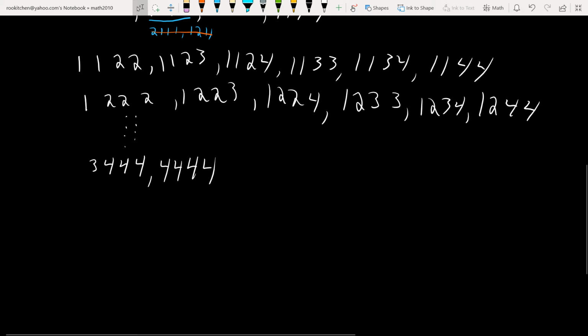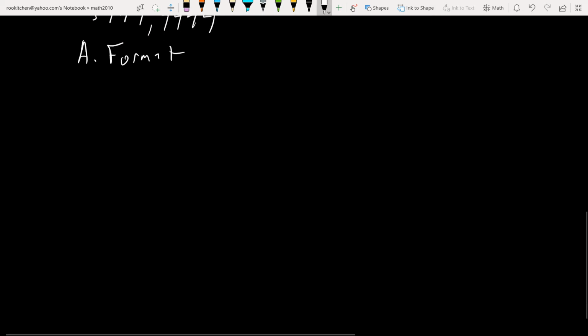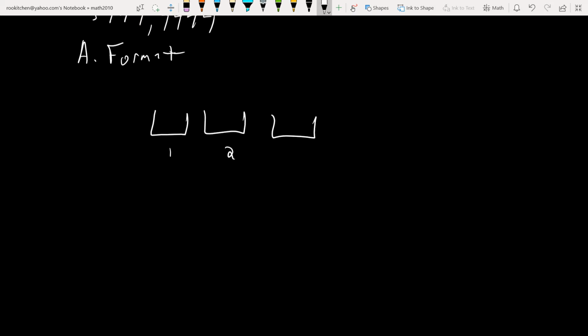And the way it will work is the following. The way to format this discussion and figure out the number of arrangements we're dealing with is to think in terms of buckets. You'll have a bucket for the ones, a bucket for the twos, a bucket for the threes, and a bucket for the fours.